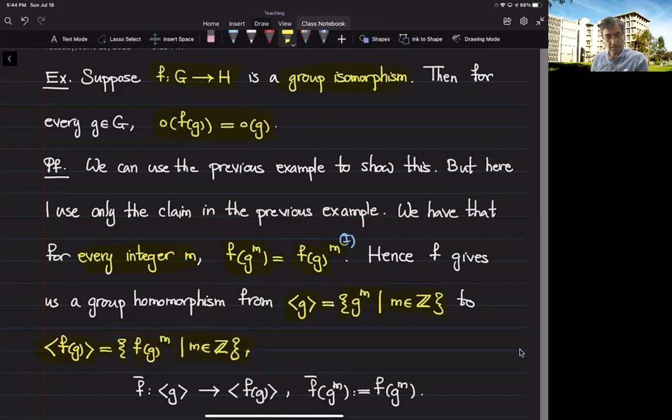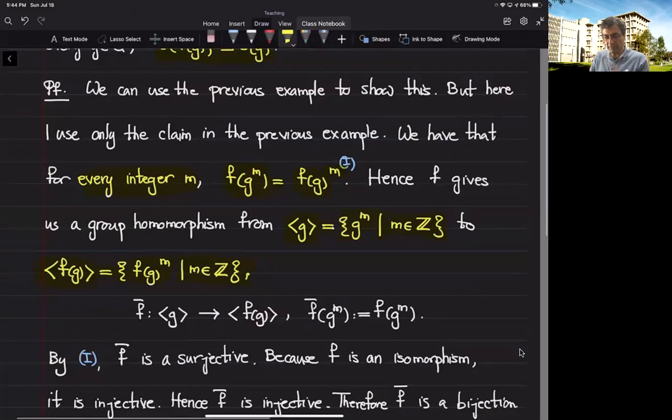Now, that means when I apply f to some element in the cyclic group generated by g, I land in the cyclic group generated by f of g, and moreover, I get every element inside this group. So I define f bar, because I'm changing the domain and the codomain of f, so I'm using a different notation.